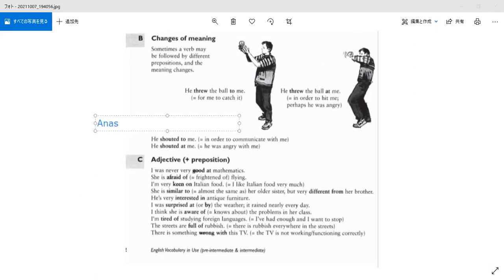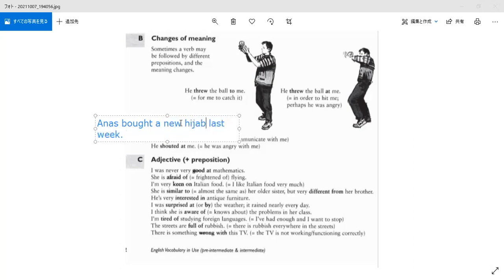Anas bought a new hijab last week. So this "new" here is the adjective because it explains the hijab.